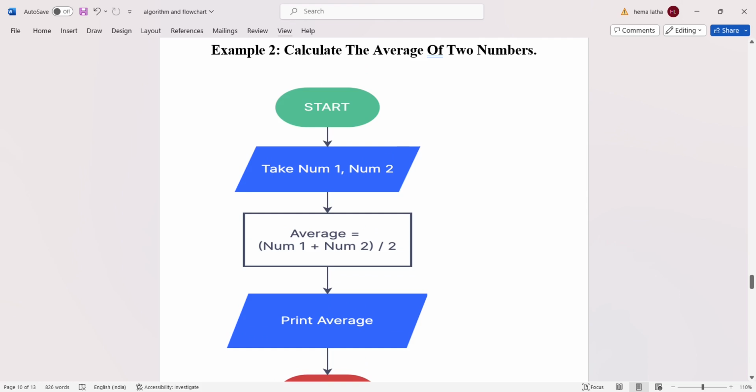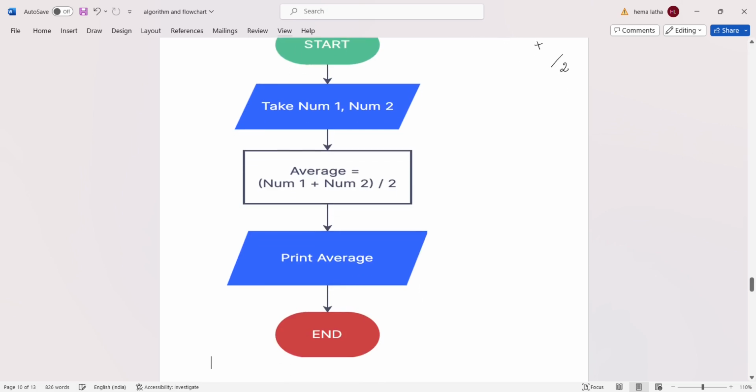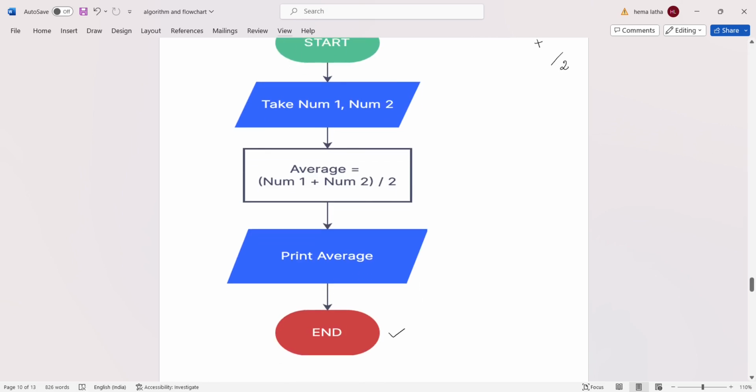Okay, next example, calculate the average of two numbers. So how will the average be taken? Number 1 and number 2 are taken, then added together, and finally divided by 2, right? So what are the symbols? Start and end will be the oval symbol, and then here this is input, parallelogram symbol, and this is output, parallelogram symbol.